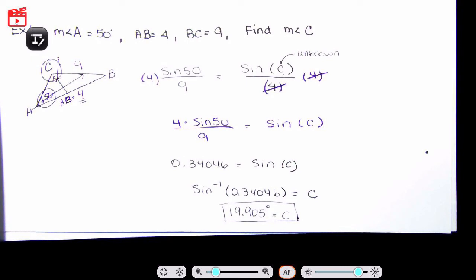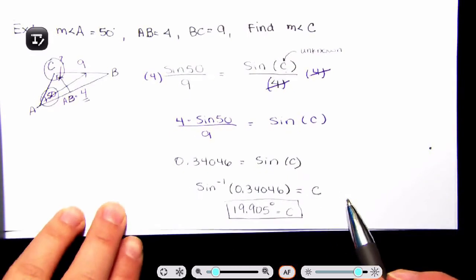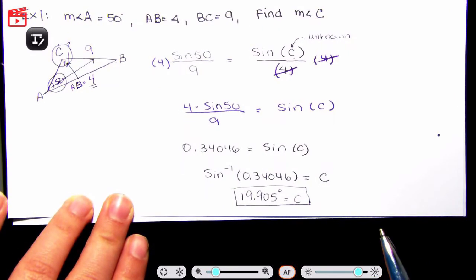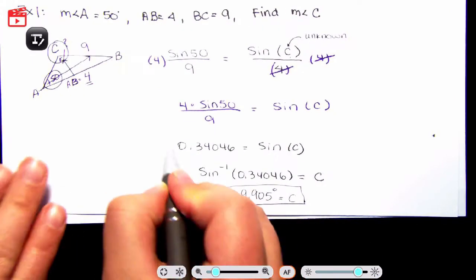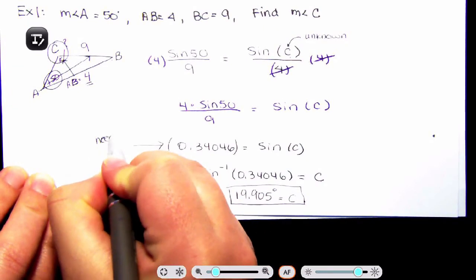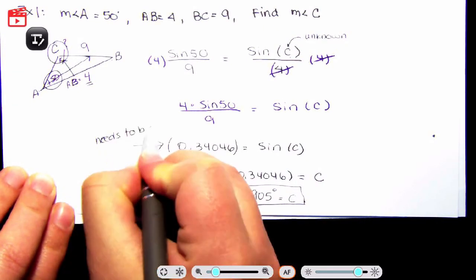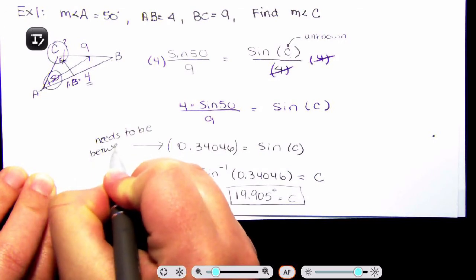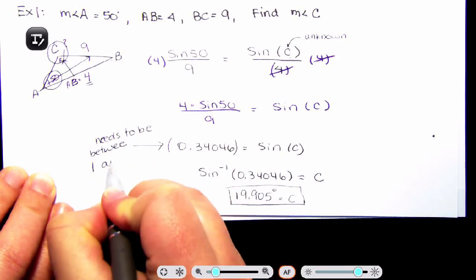So let's check if we have one angle, or two angles, or no angles. This angle right here, so far we're good. This is when we're talking about the range being between 1 and -1. This value right here needs to be between 1 and -1.